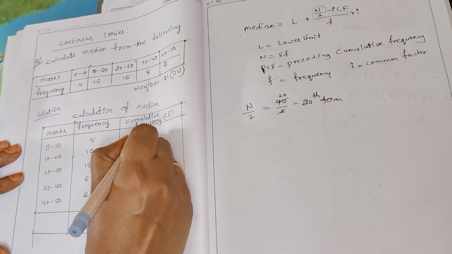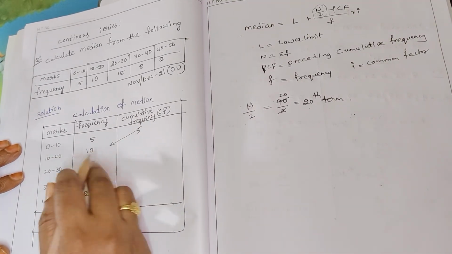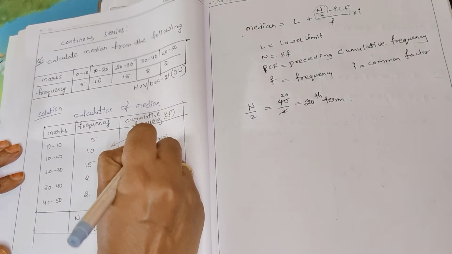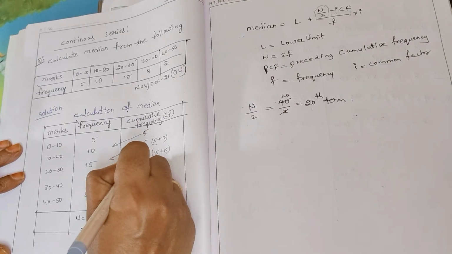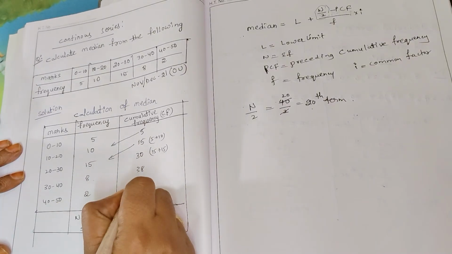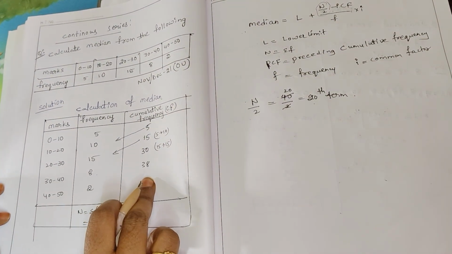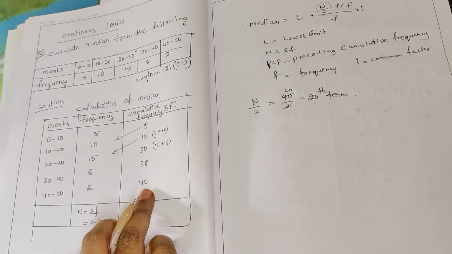The first value stays as it is. To the first cumulative frequency we add the second frequency. So 5 plus 10, 15. And 15 plus 15, 30. Then 30 plus 8, 38. 38 plus 2, 40. Yes. So this total should be equal to the total frequency. See, 40 equals 40. It must be equal.